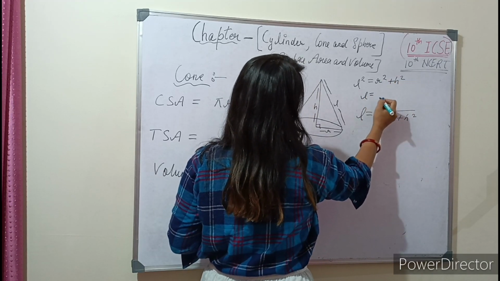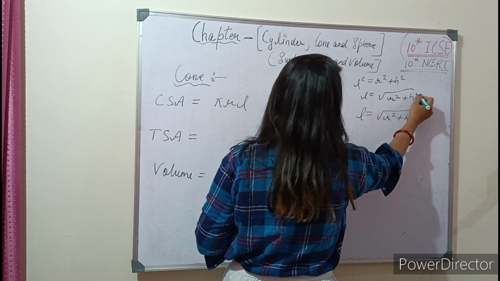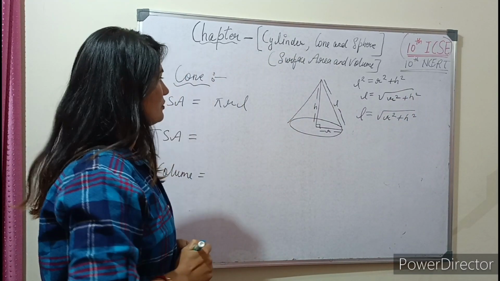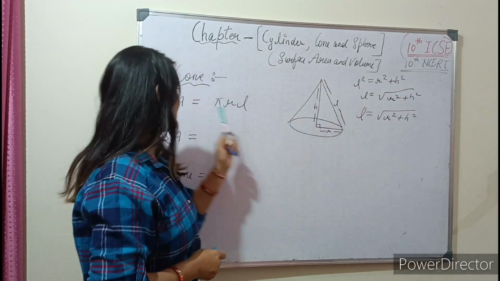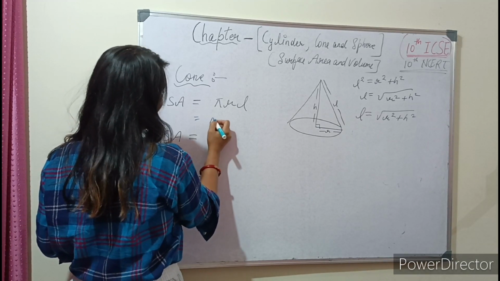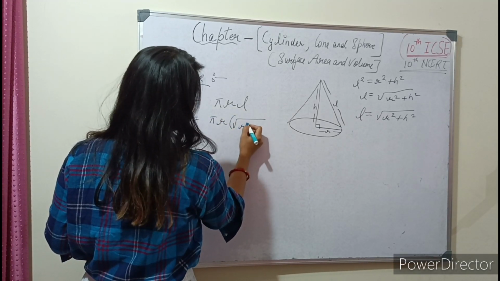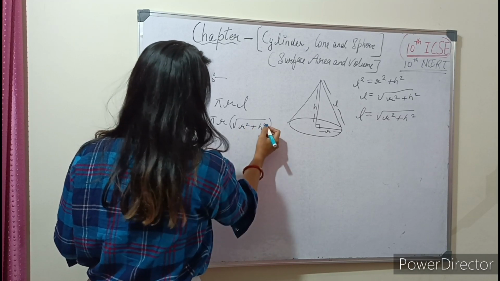From here the value of L will be the square root of r² plus x². So CSA of the cone is πrL, or else in place of L, directly we can write the square root of r² plus x².